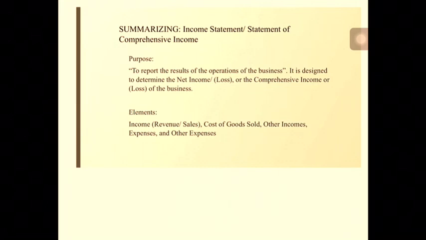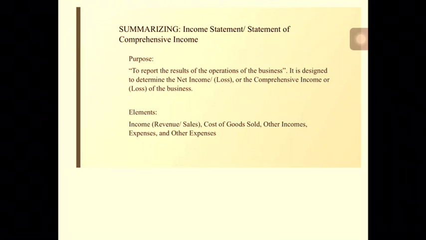Okay, but the fees that you will collect when you render your service, or the money that you would be able to collect when the business was able to sell a particular product or goods, we should say that it is part of the income because these amounts are directly attributed to the profit generation activity of the business. Okay, so do not forget the definition of an income.